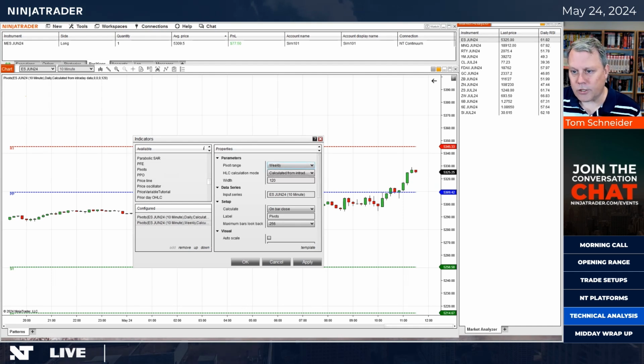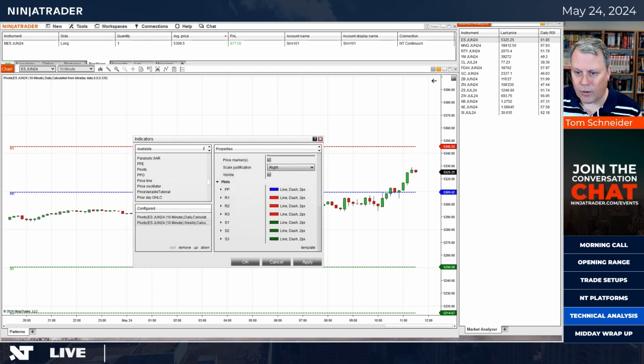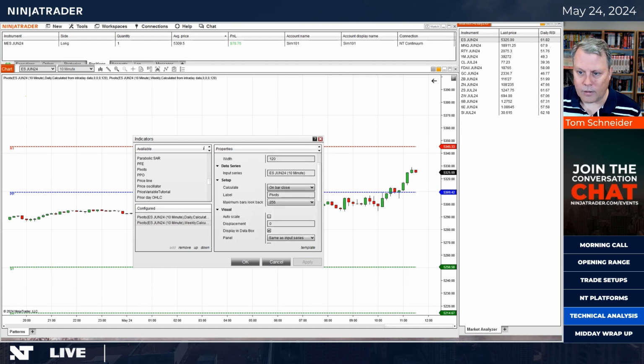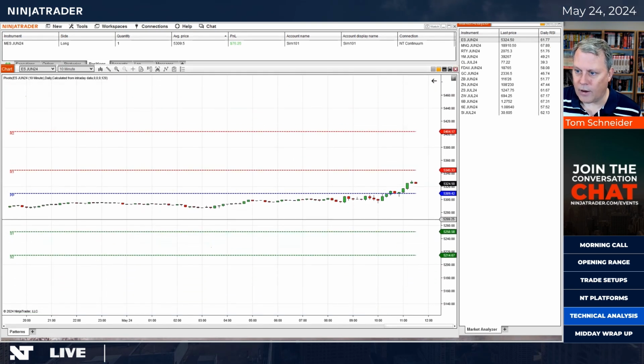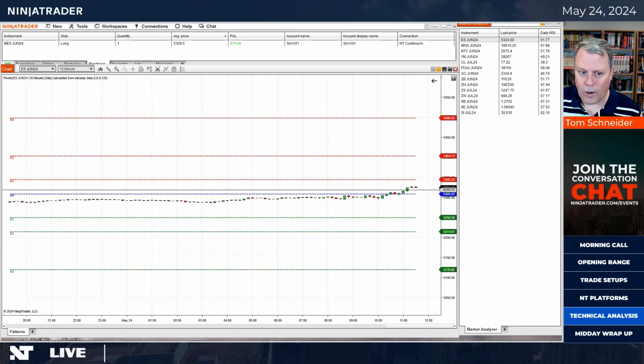And to distinguish daily from weekly, let's just do it for the pivot: instead of a dash, let's do a dot. Might be subtle, I know. I'm also going to change the label, take that label off. If I hit apply, where are the weekly pivots? Let's pull this down. They might be way off.